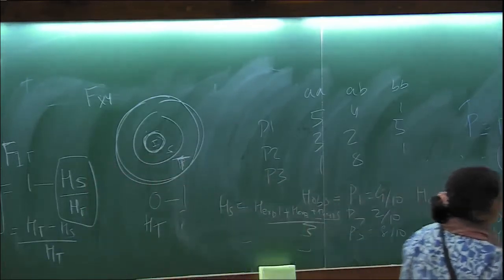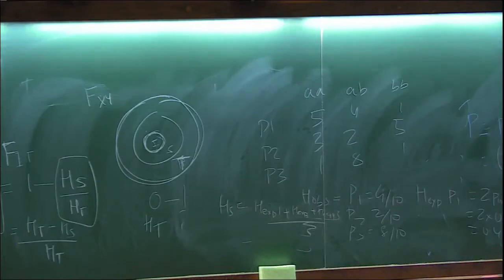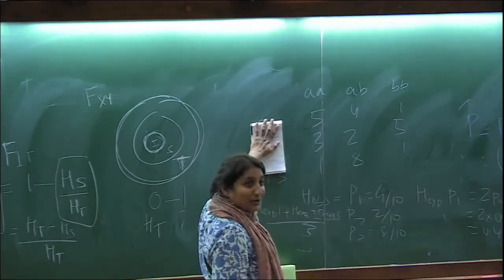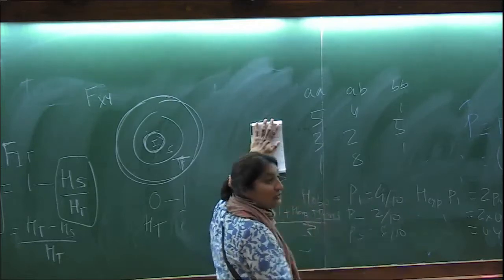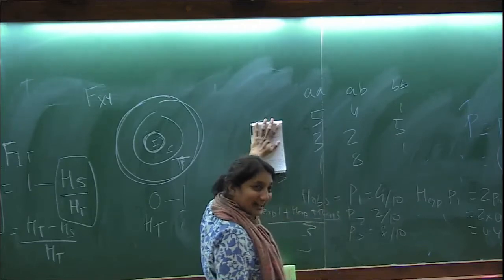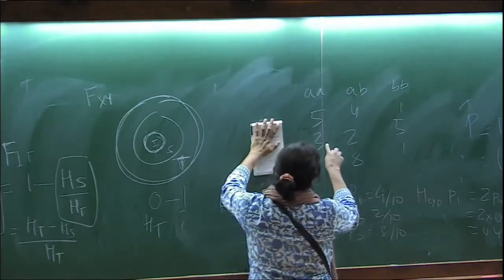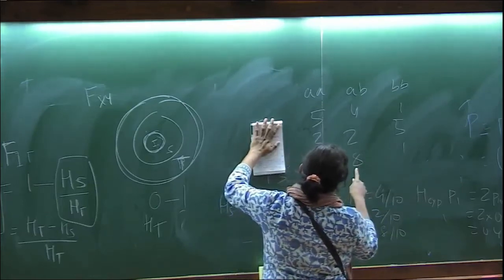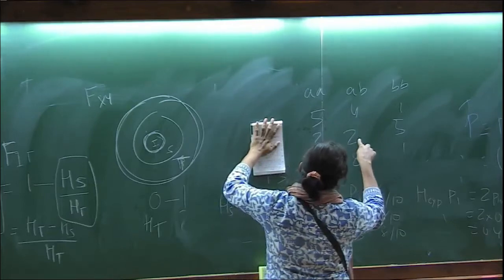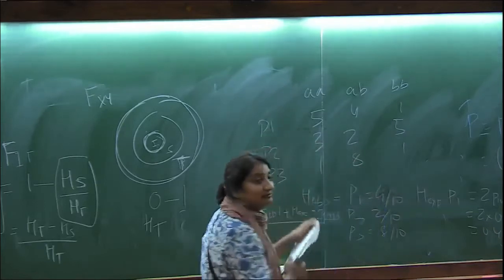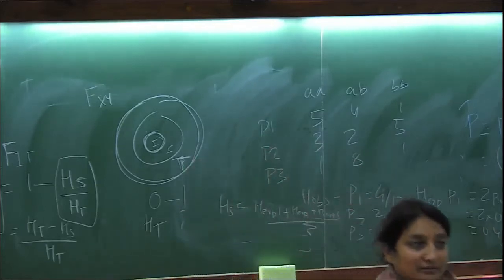Okay, now the last one, which is actually the easiest. Why is it easiest? Because you just ignore the subpopulations and calculate it based on the pooled allele counts. So basically 5 plus 3 plus 1, 8 plus 8 plus 7 by 30.